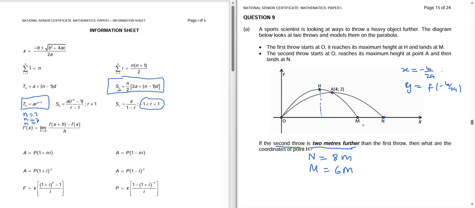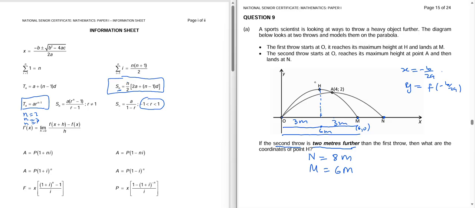But for that turning point, we also now have the point, this one, which is 6, 0, meaning that we know that from here to here, it's 6 meters. But then since we know that H is a turning point, it is supposed to symmetrically divide the parabola, meaning that this is going to be 3 meters, and also this is going to be 3 meters again.